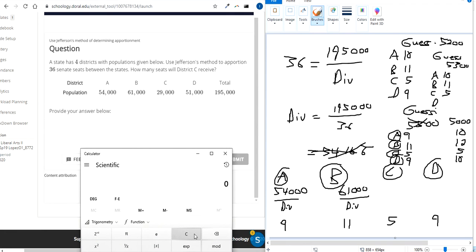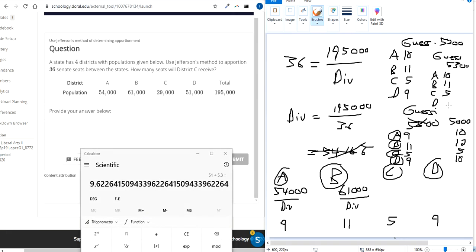And then 51 divided by 5.3. Oops. That's not going to do it either. Same amount, we've got 35. Actually, I went the wrong direction. When we guessed 5,500, we had too few senators. When we guessed 5,000, we had too many. So I should have guessed something between 5,200 and 5,000. Let's guess 5,100.